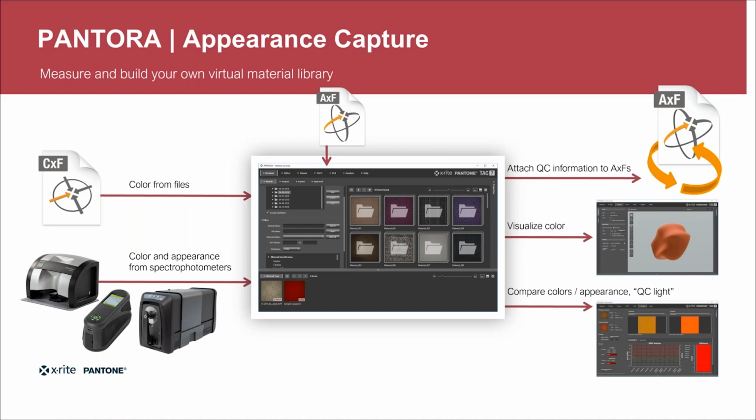We also have our own rendering engine inside of Pantora. So this gives us the ability to visualize our virtual materials in a 3D space. We have different ways of bringing together lighting and objects, and then the materials or the AXFs that you bring into the software. It's all customizable.